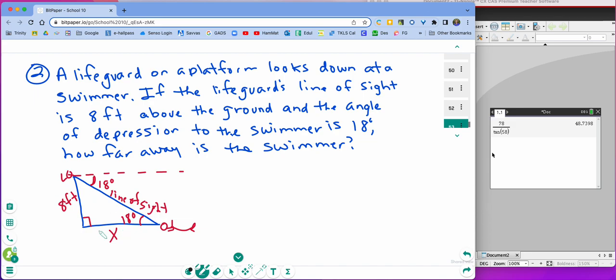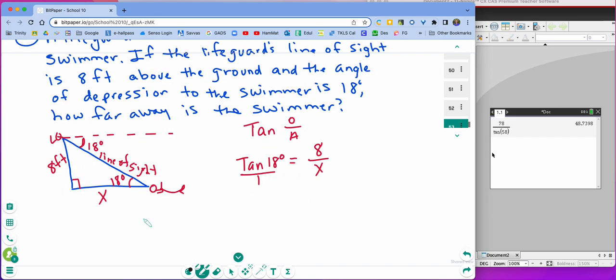So opposite over adjacent is again going to be tan. The tan of 18 degrees is equal to the length of the side opposite, which is my 8 foot, and the length of the side that's adjacent to the angle, right next to or makes up the angle, is going to be x. Put that over 1.